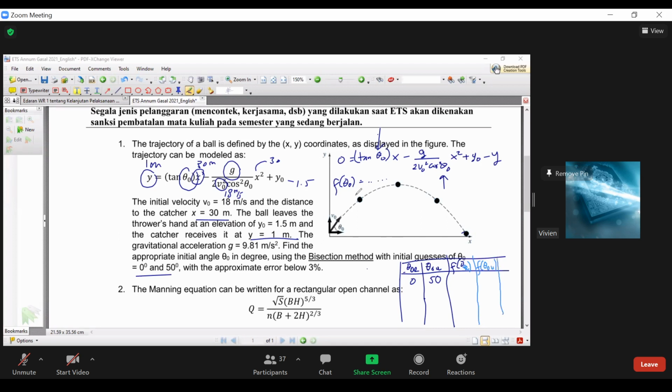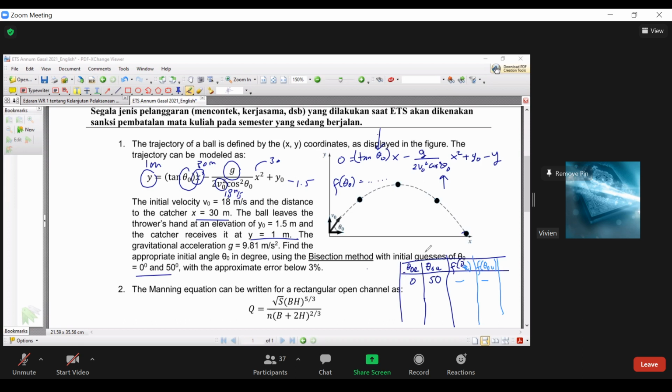And then we check the values. It means that we need to insert the values 0 and 50 here and see what the value is. If it is positive and negative, or negative and positive, or the multiplication is negative, it means that there is a root in between this limit.